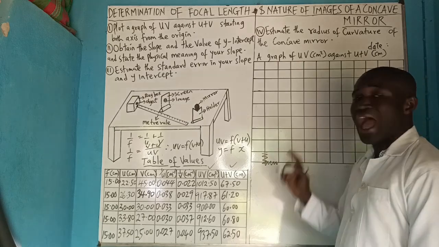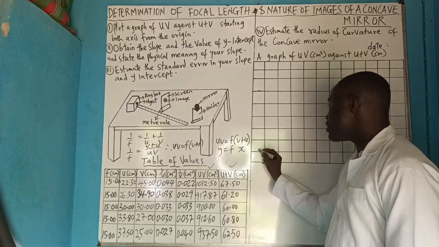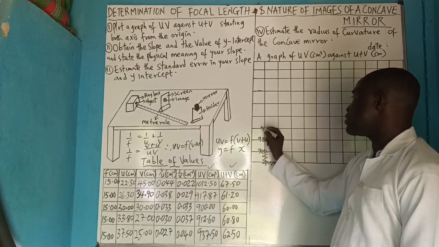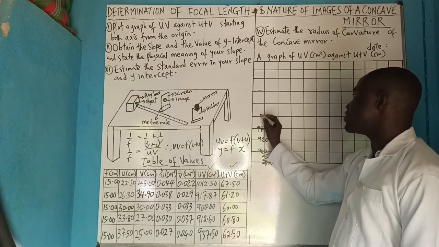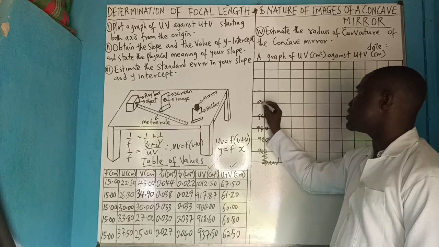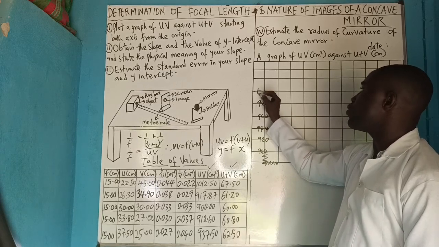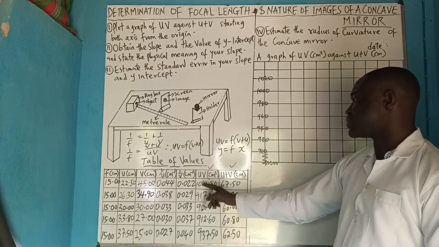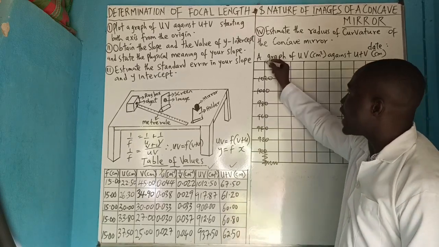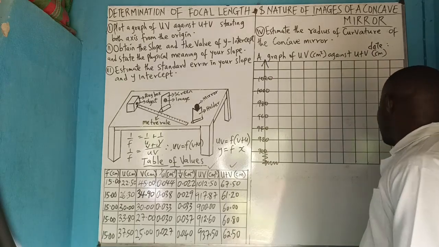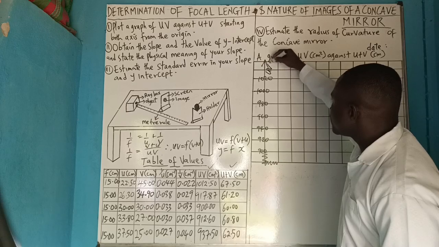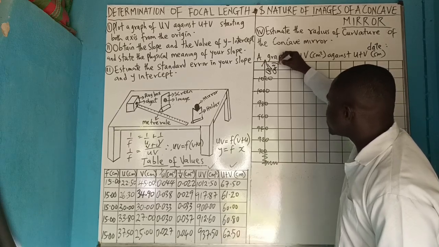That means I will be writing here 900, 920, 940, 960, 980, 1000, 1020, and the highest is 1012. So I will label the Cartesian axis: this is uv in cm squared.